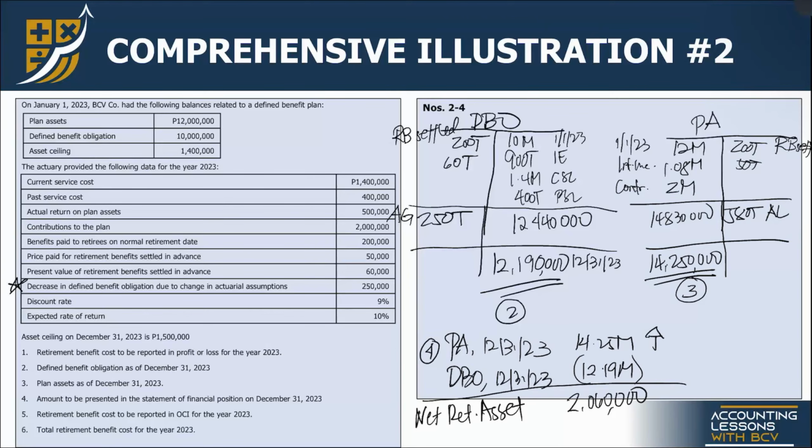Okay, dahil may net retirement asset tayo, let's see kung may existing asset ceiling tayo at the end of the year. Meron ba? Answer, yes. The asset ceiling at the end of the year, December 31, 2023, 1.5 million.